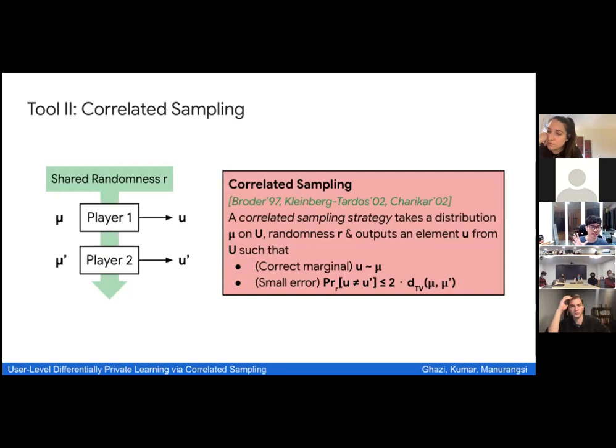We are gonna use this completely in a black box manner. But if you haven't seen it, the correlated sampling is basically some sort of min hash. So if you have seen min hash before, this is something like min hash. Okay, are there any questions so far about the correlated sampling?